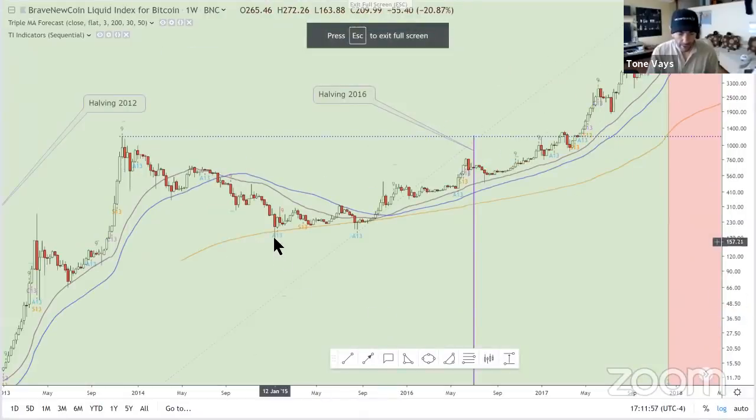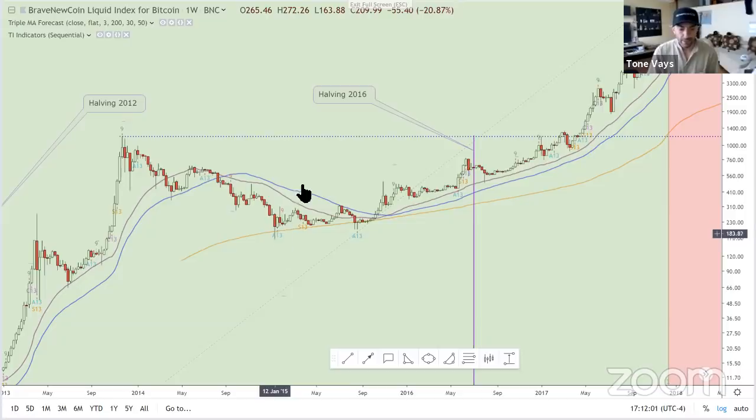The low came in January at 150, but there was a secondary low in August of 160. So where is the better buying opportunity? Right here after the secondary low at 220, or right here after the first low and buying it at 220?